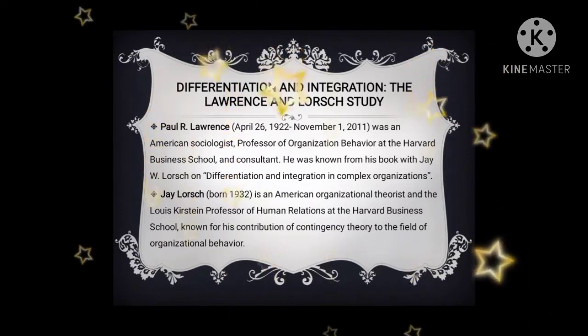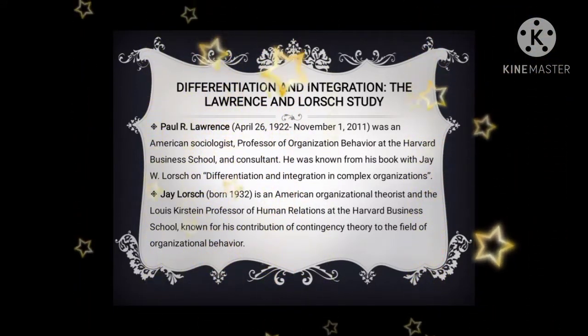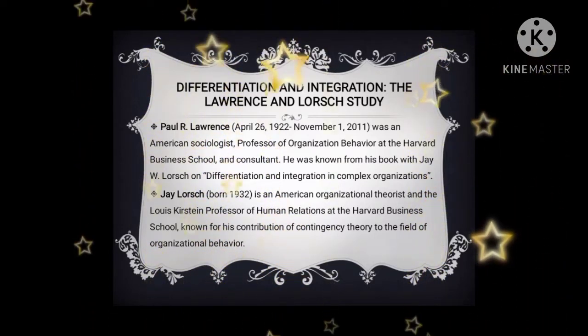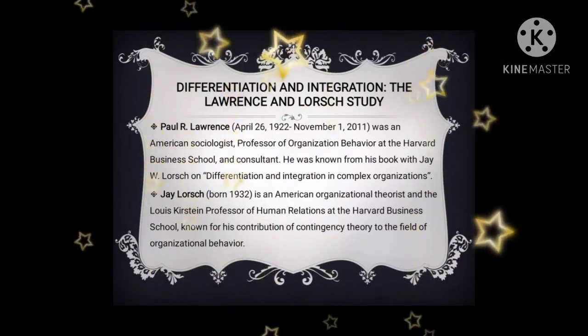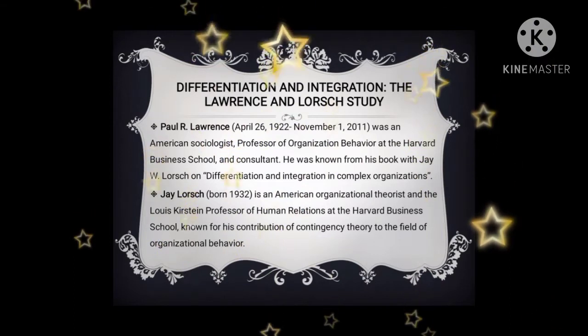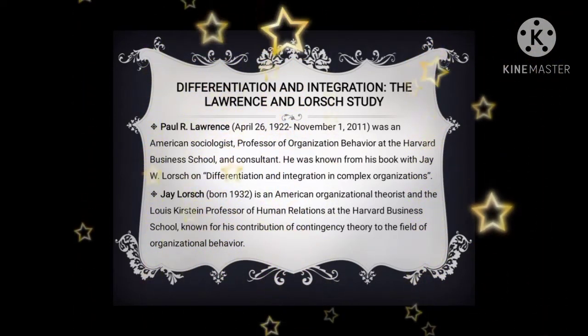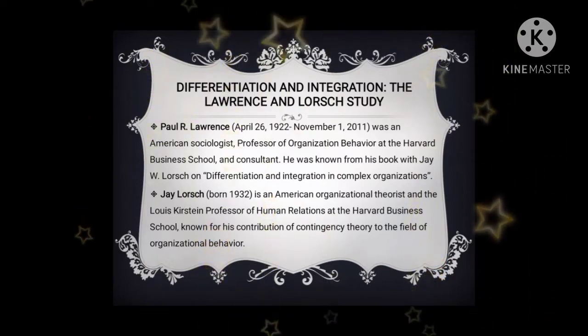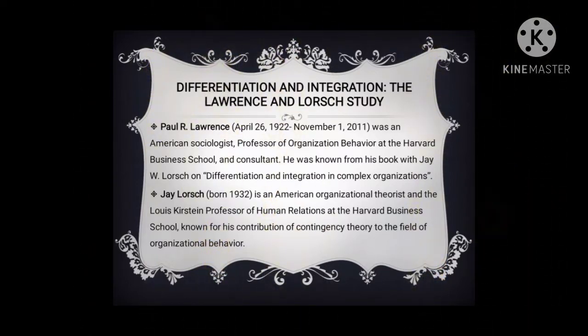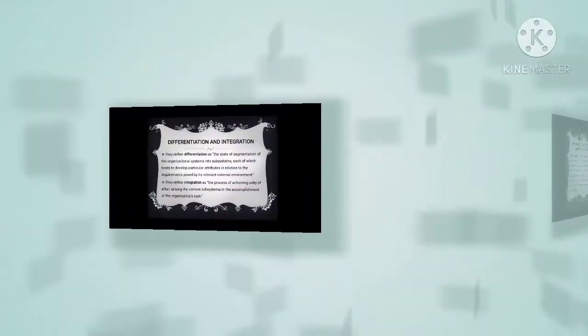Who is J.W. Lorsch? J. Lorsch was born in 1932, is an American organizational theorist and the Louis Kirstein Professor of Human Relations at the Harvard Business School, known for his contribution of contingency theory to the field of organizational behavior.